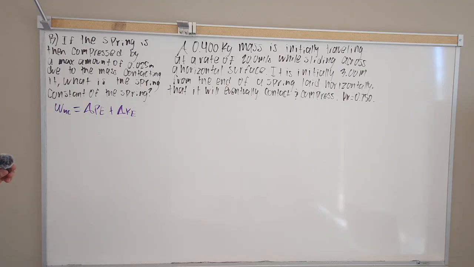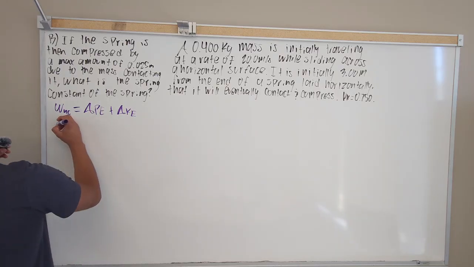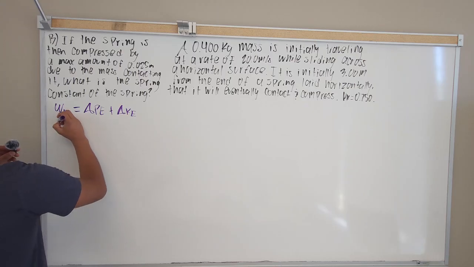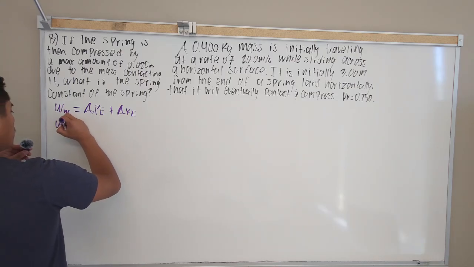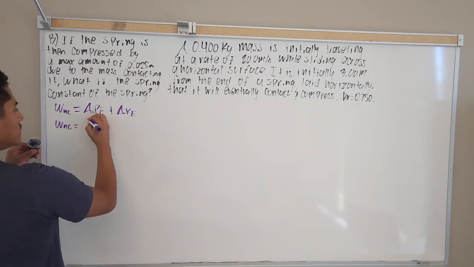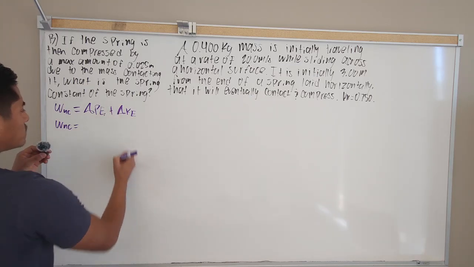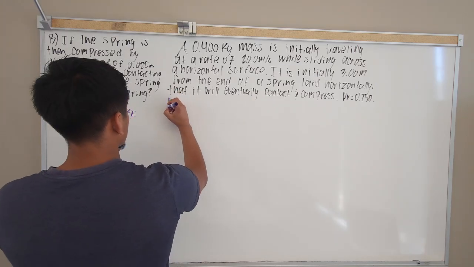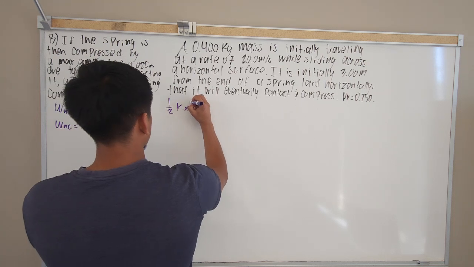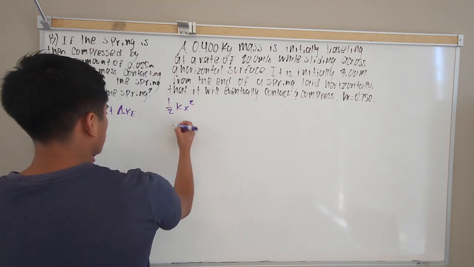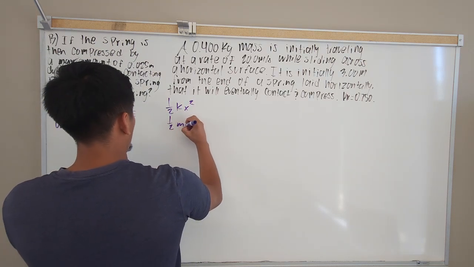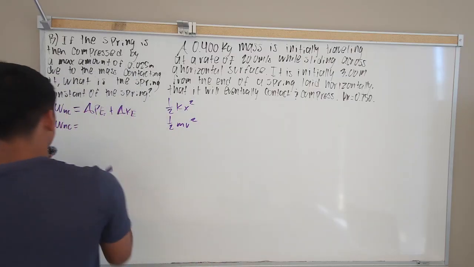So let's go ahead and expand this before we plug anything in. We have the work done by non-conservative forces is equal to the change in potential energy, specifically spring potential energy, which is 1/2 kx squared, and then kinetic energy, which is 1/2 mv squared. So let's write that.